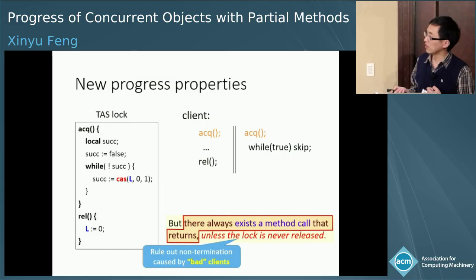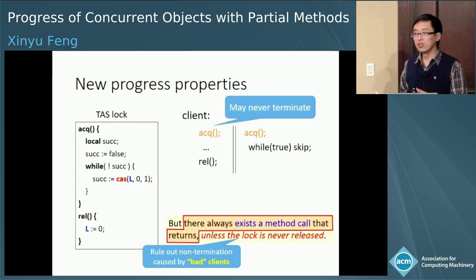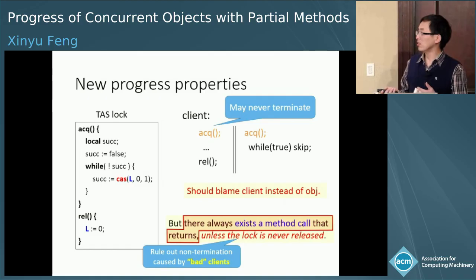This thread on the right acquires the lock, and then it never releases it. So for this thread, they may never terminate. So in this case, there's no acquire method that's terminating. But in this case, we should blame the client instead of blaming the lock implementation, right? This is essentially what we expect a lock to do.